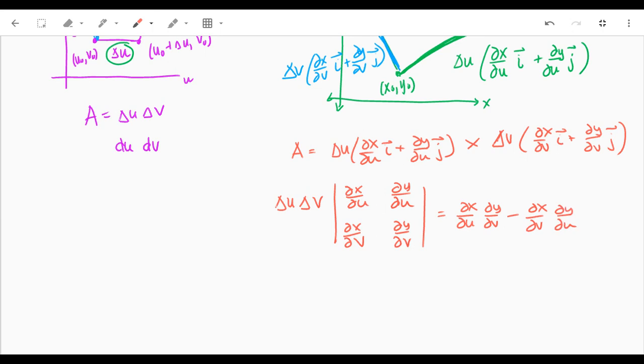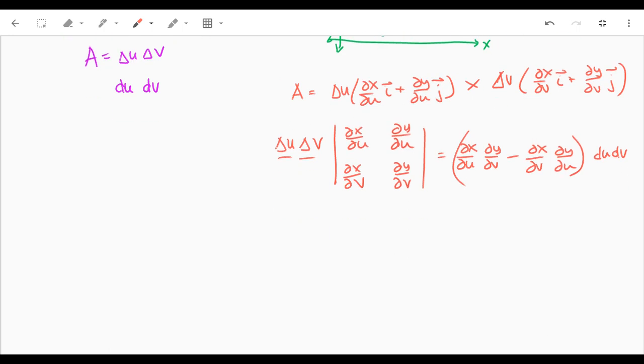That is called the Jacobian of the transformation T. I'm going to get to that in a second, but we're going to have that times your du dv. That's the piece you have to add into your integral. We're going to switch and use du dv, and we also have to use the Jacobian there.